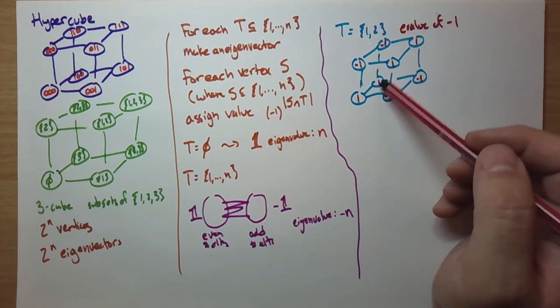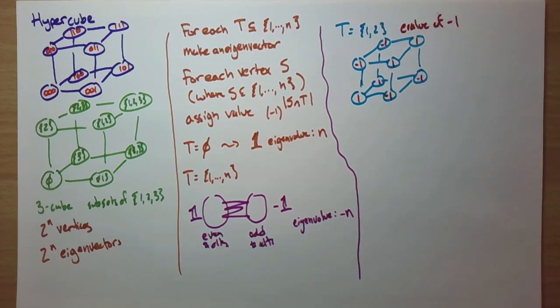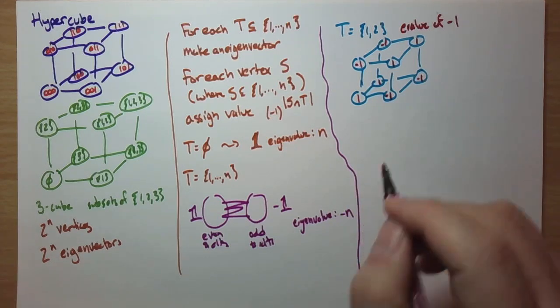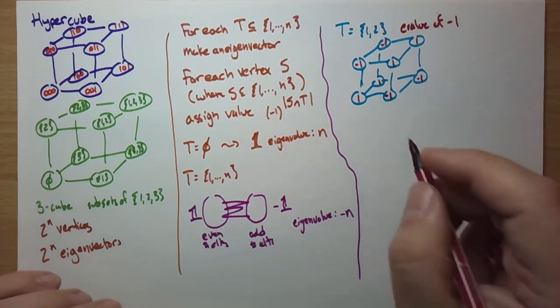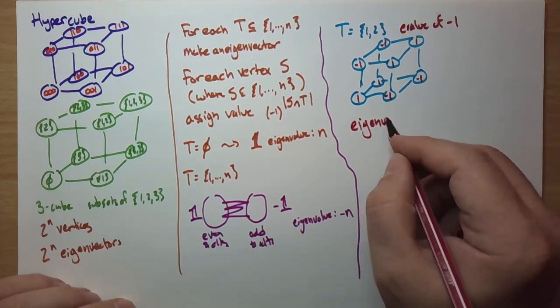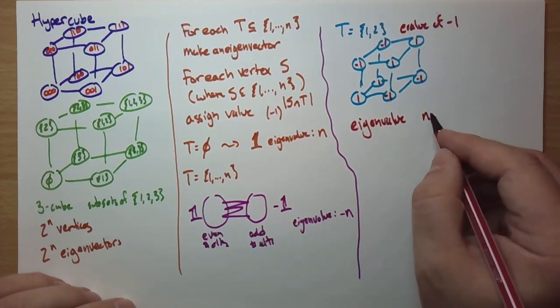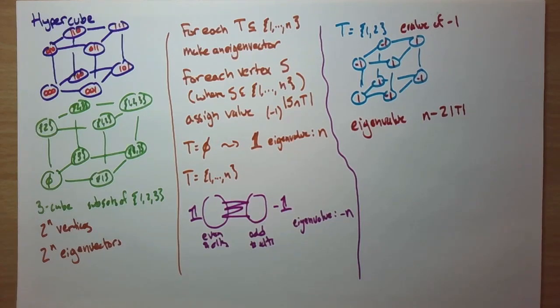So you have n minus size of T with the same, size of T with different, and so lo and behold, you have to ponder about this for a minute, but hopefully not too much more than a minute. The eigenvalue turns out to be n minus 2 times the size of T. And you can even show that these are all orthogonal with each other, and we'll skip that.